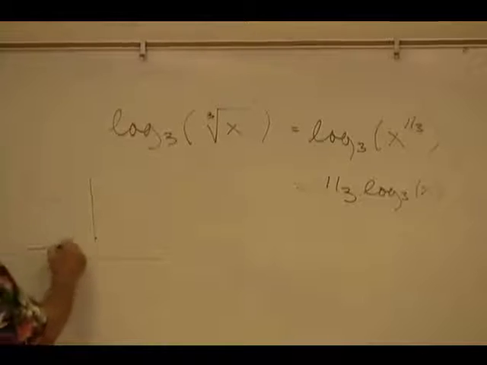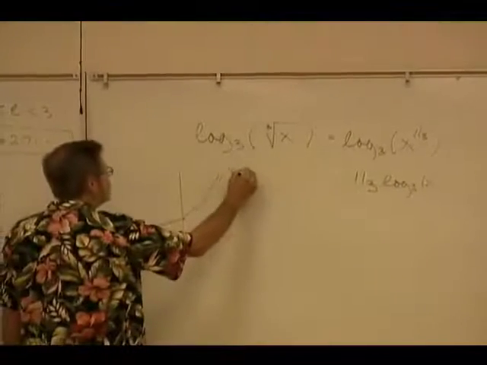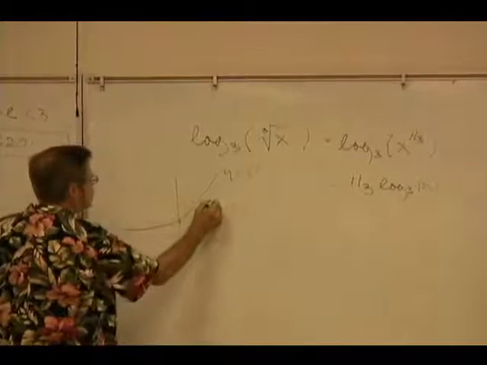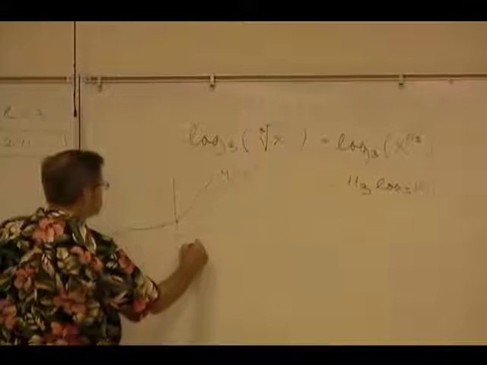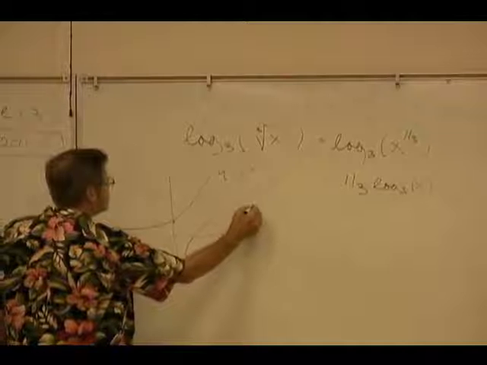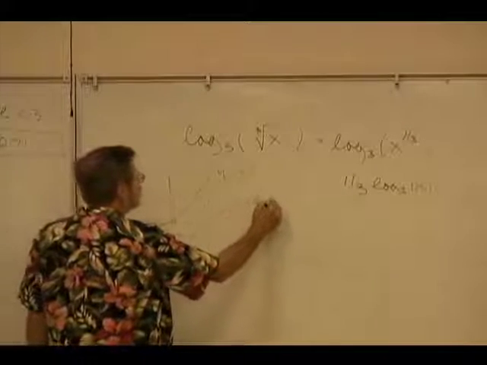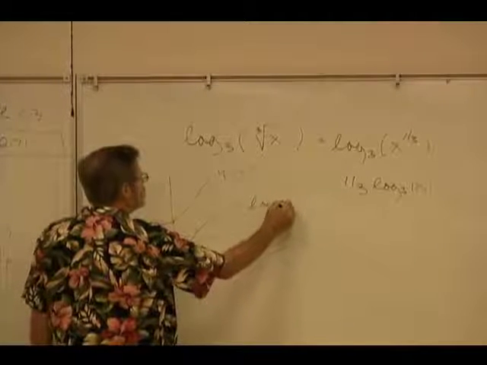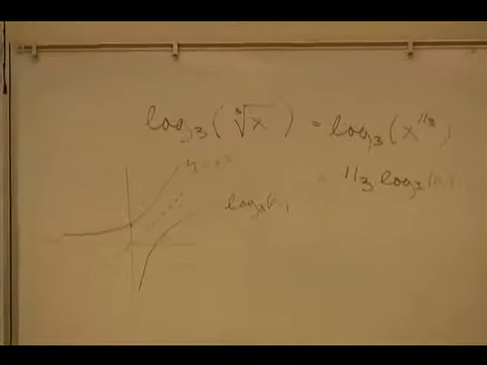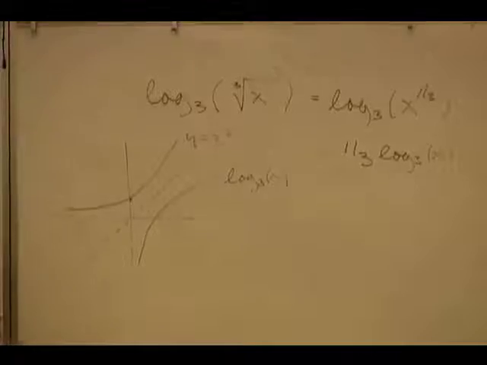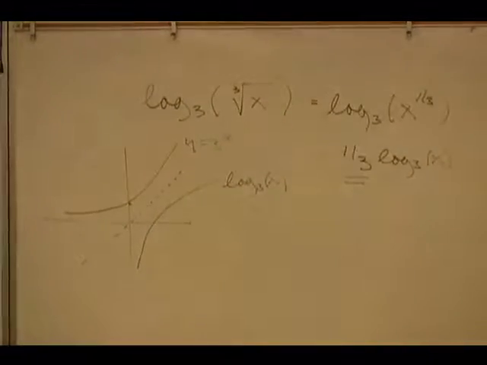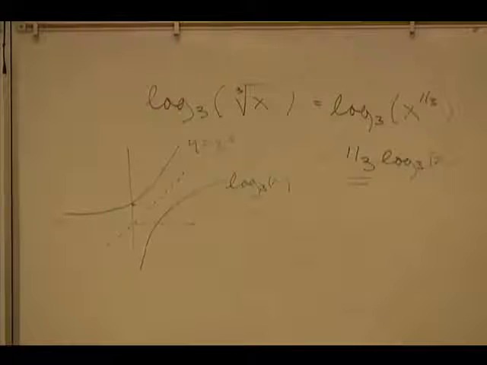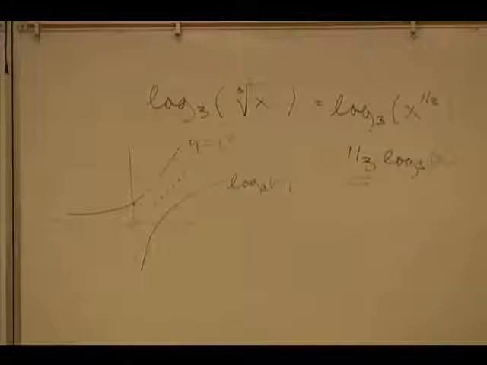Well, if this is the graph of y equals 3 to the x, its reflection across the line y equals x is the graph of log to the base 3 of x. And then this one, log to the base 3 of the cube root of x, just takes the other one and multiplies it by a factor of 1/3.